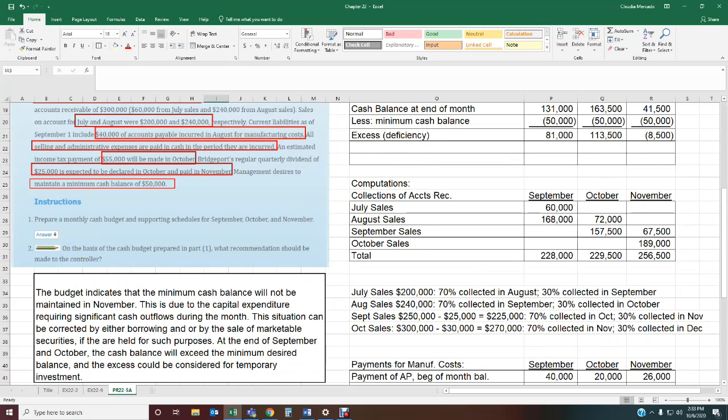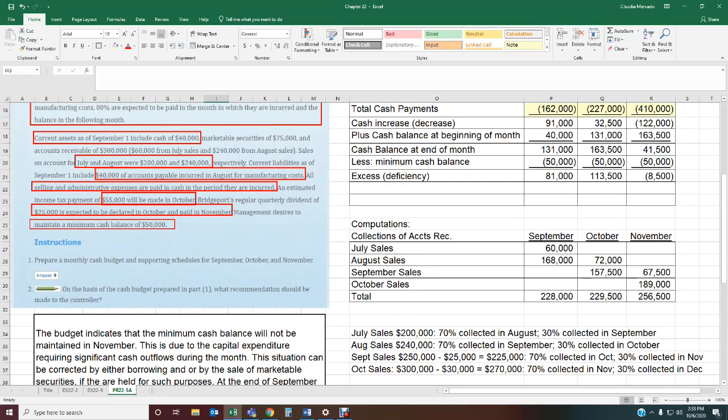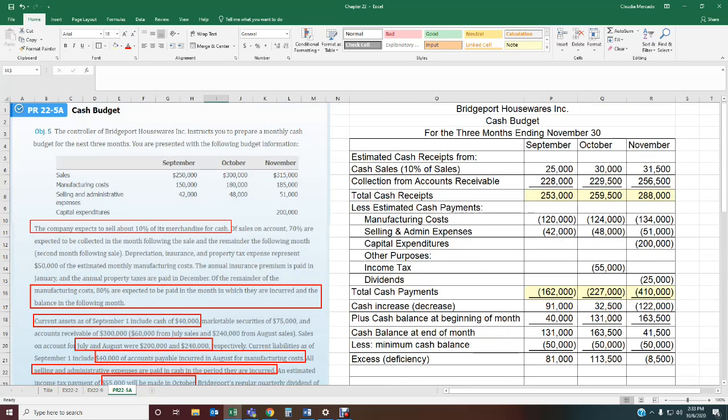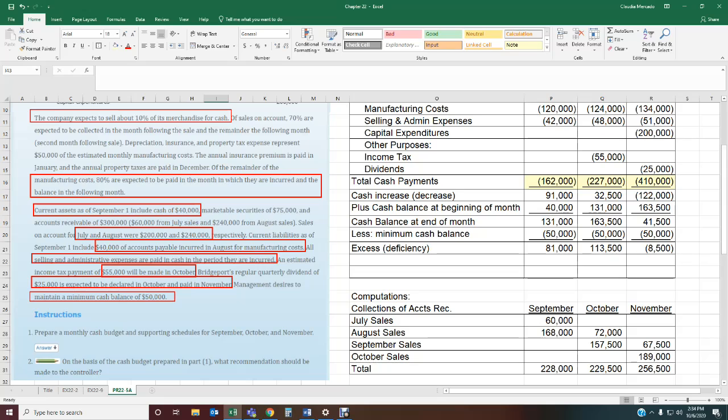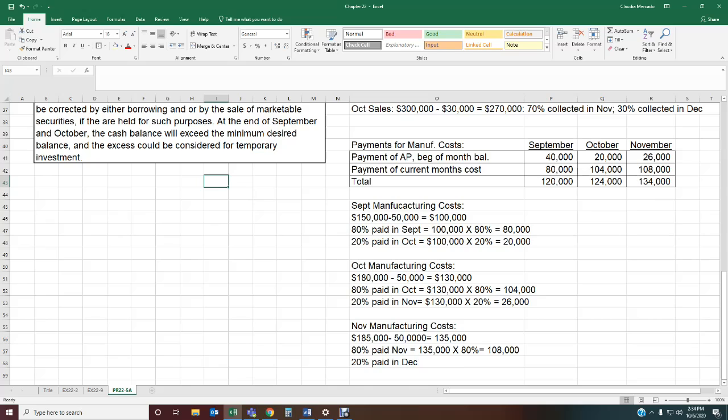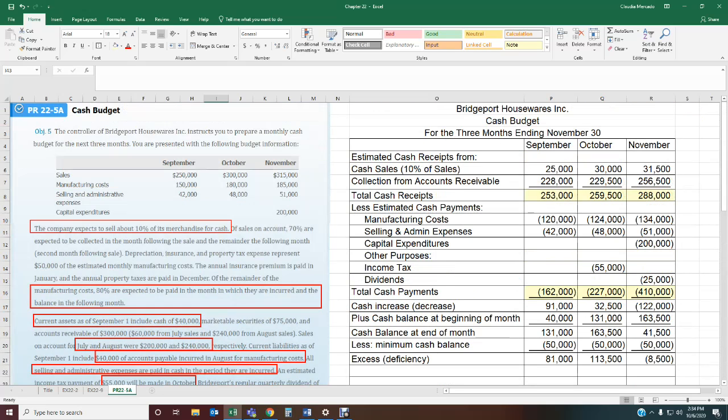Either we invest the excess we had in September and October, or we sell our marketable securities of $75,000. So that is a complete schedule, and that's a little analysis of what could be done to help correct the deficiency in the month of November. And then we've got all of the calculations along with it. This is very important, that we understand how to prepare a cash budget.